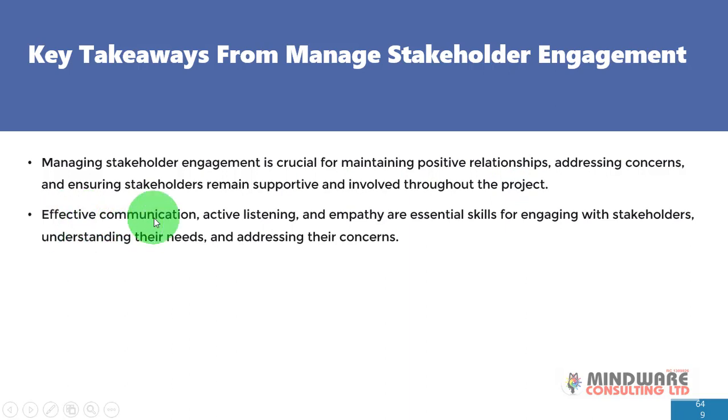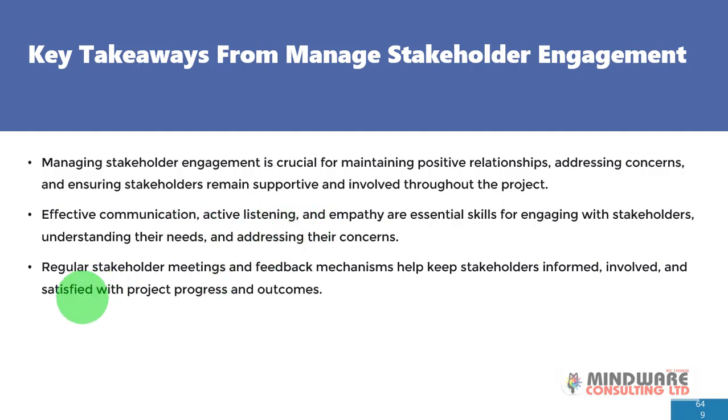Effective communication, active listening, and empathy are essential skills for engaging with stakeholders, understanding their needs, and addressing their concerns. So you must have these communication skills, active listening, very important. All these are important aspects of communication with your stakeholders.